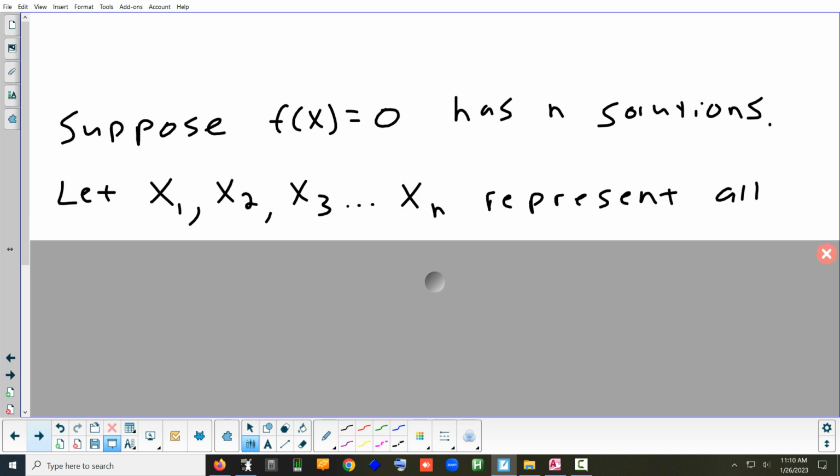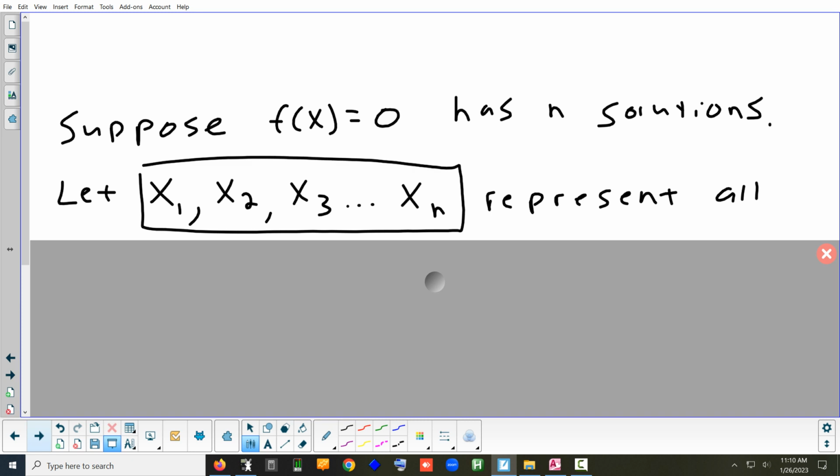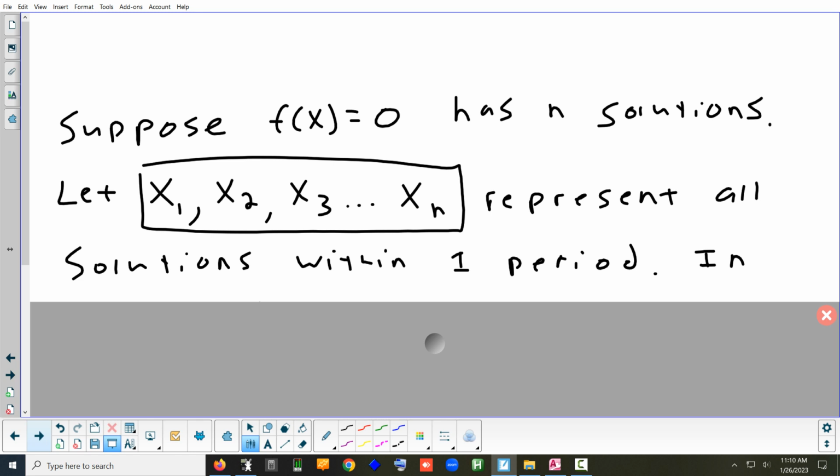So let's say we set some equation equal to 0, and we get n solutions. So in the last problem we did, we had 2. These represent all of the solutions within one cycle, or one period.